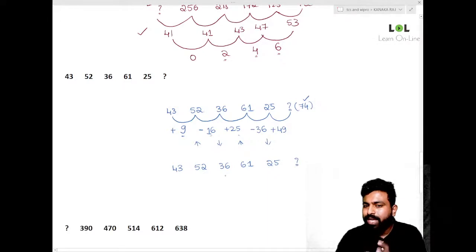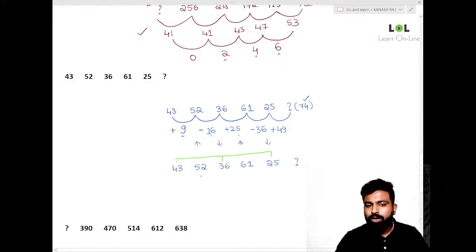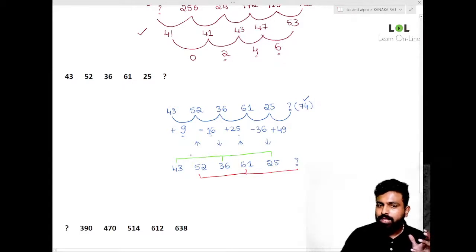It becomes very, very simple. Just look at the numbers which are decreasing and the numbers which are increasing separately. If you do that, what do you get? 52 and 61, 61 and your missing term. 43 and 36, what is the difference? 43 plus 13 gives you, oh sorry, it is negative.